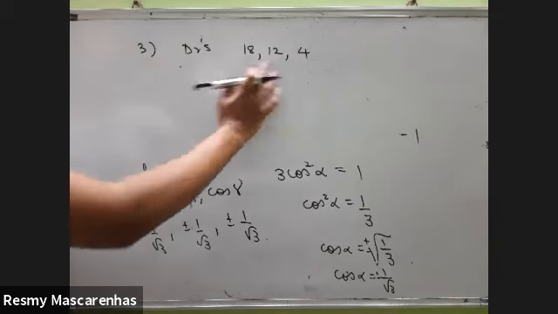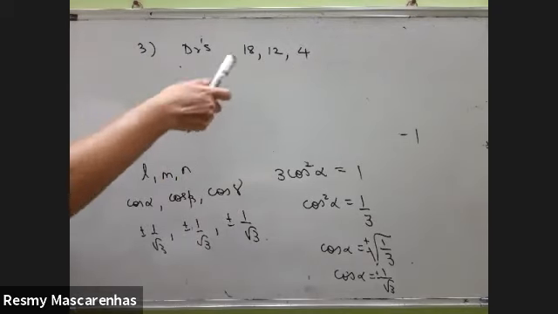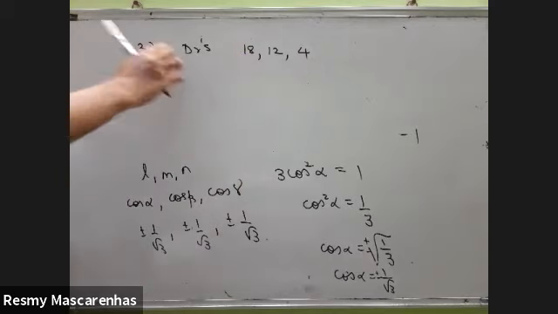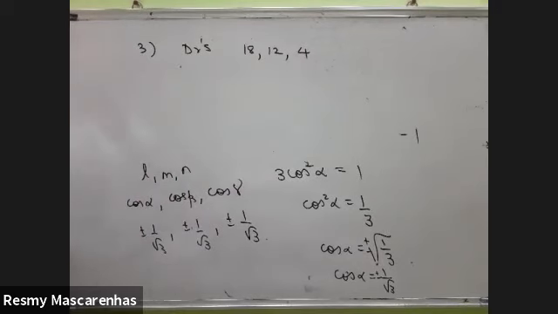Whenever they give you direction ratios in this form, you always have to check first whether you can simplify them. I told you they are normally proportional. These ratios could be proportional, so you have to bring them to the simplest form.